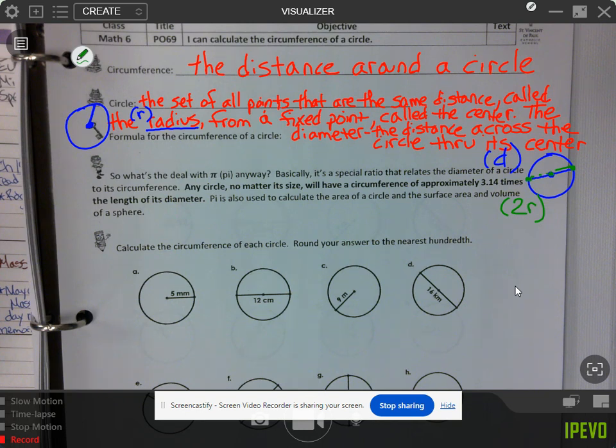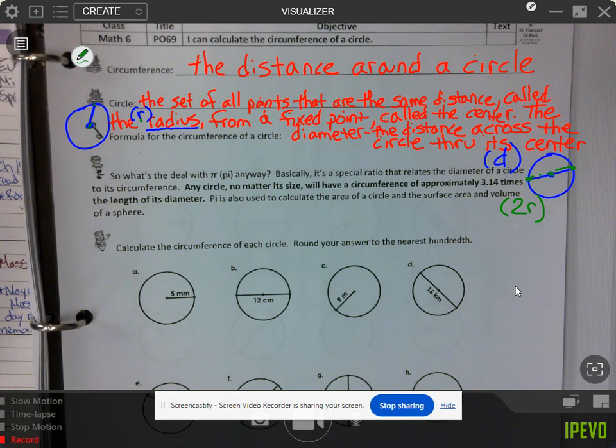Sometimes we're going to be given how much the radius is. Sometimes we're going to be given how much the diameter is. And we need to decide what information we need to put into our formulas for the circumference and the area. So it's important to understand the radius, the R, goes from the middle to one side. It's half, right?